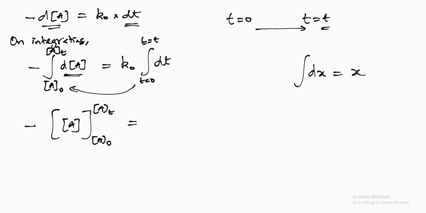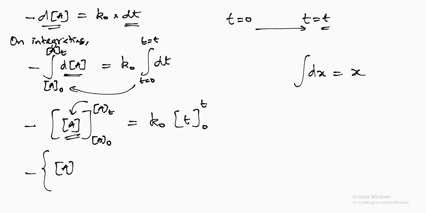I'll keep this K naught out, and the integration of dt in a similar manner will give t. The upper limit is t, the lower limit is 0. In the place of concentration, first I'll put the upper limit.